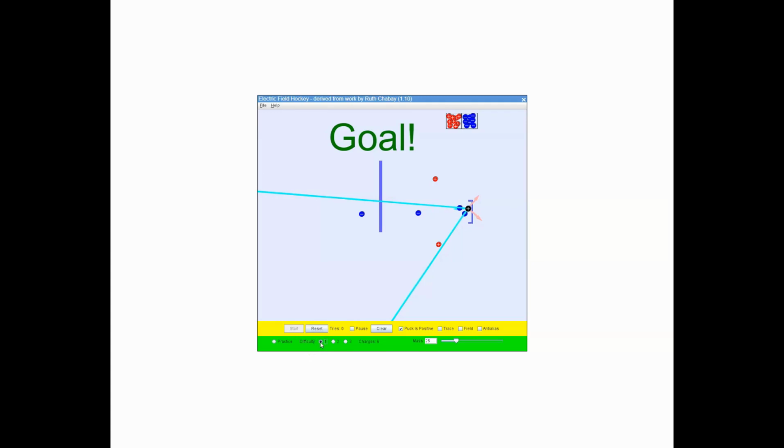And you can increase the difficulty level where we have a barrier in place here. So you've got to consider how to move around that barrier. Let's just take a look at difficulty level 3. Magnificent. So your task is to complete the chart in the middle of page 9 of your study guide. And then you can play around with some electric field hockey. So let the games begin.